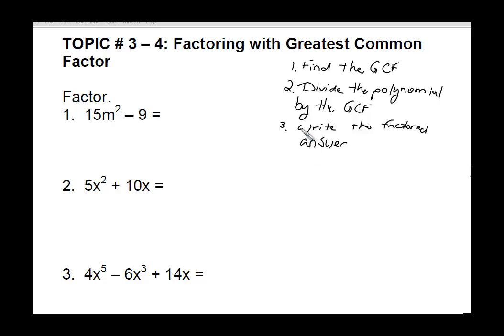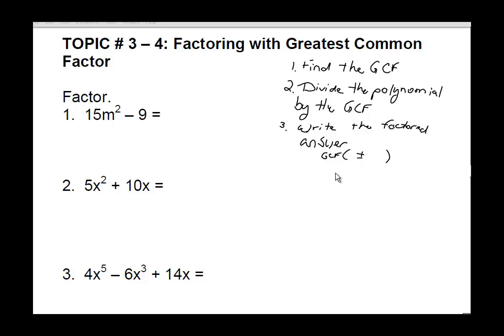And my writing is not very good, I understand that. Write the factored answer. And it'll look like this. You'll have your GCF in front, and you're going to have a set of parentheses, and it may have a plus or a minus in between two elements. It may be three elements.